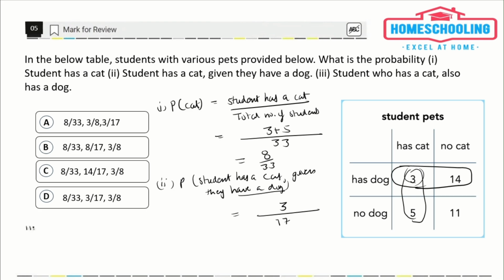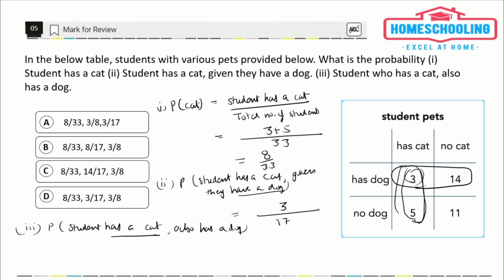In the third part of the question, a student who has a cat also has a dog. So the probability that a student has a cat also has a dog. Our sample space would be from has a cat.